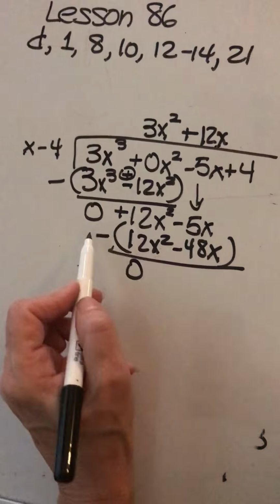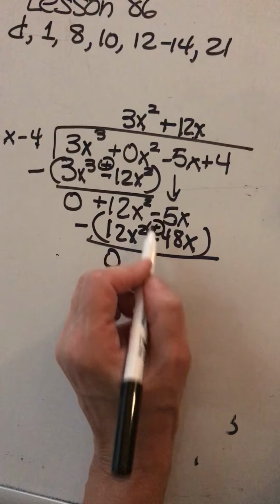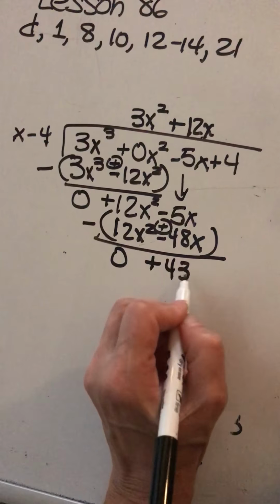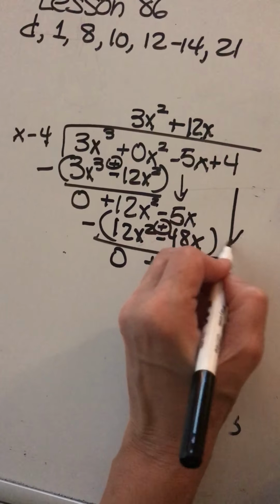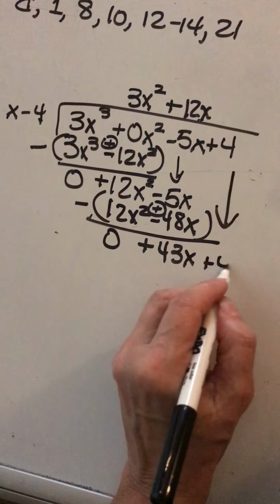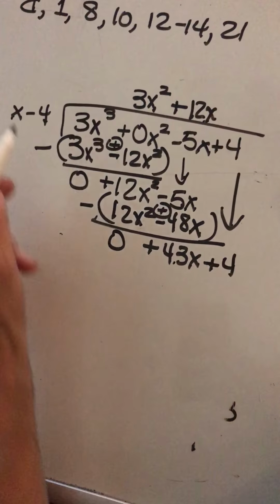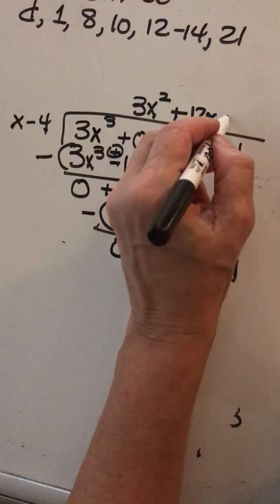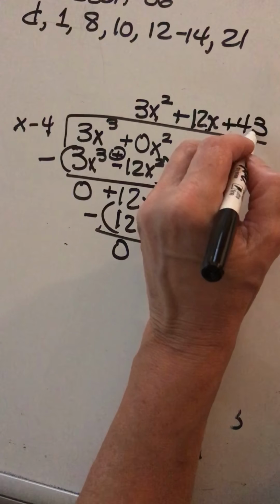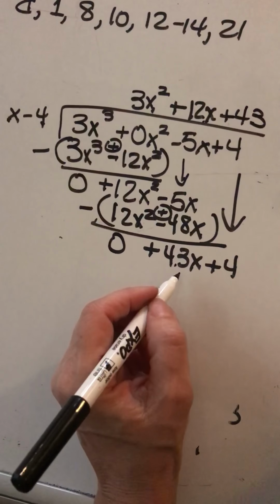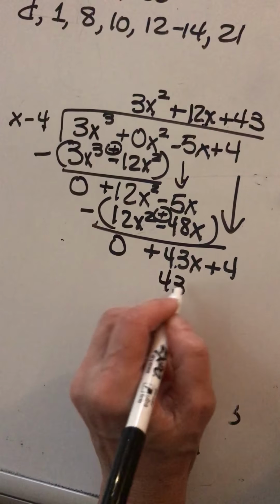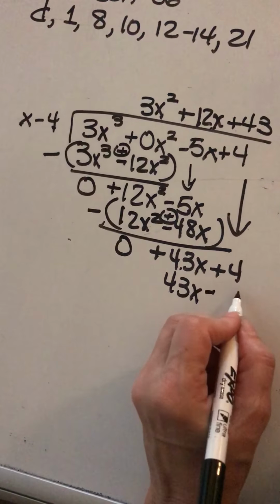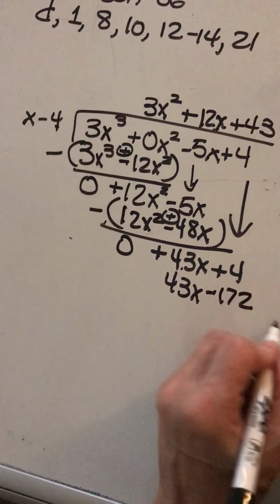Negative 5 minus a negative, which is a positive, 48, leaves me with positive 43x. Bring down my 4. Now I divide. 43x divided by x is 43. I multiply. 43 times x is 43x, and 43 times 4 is negative, that's 172.